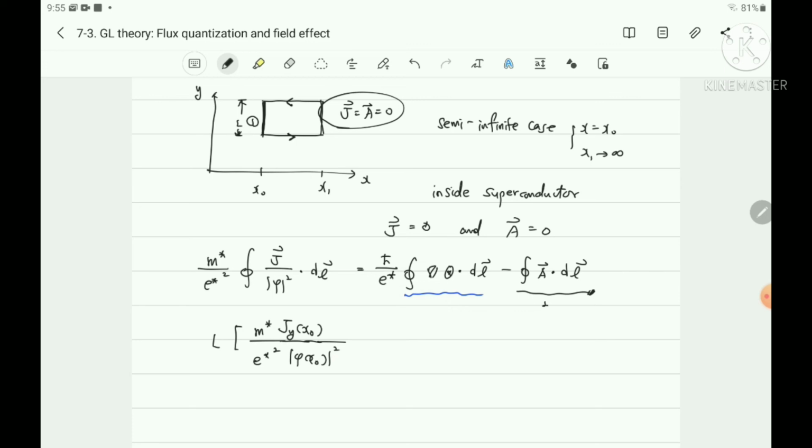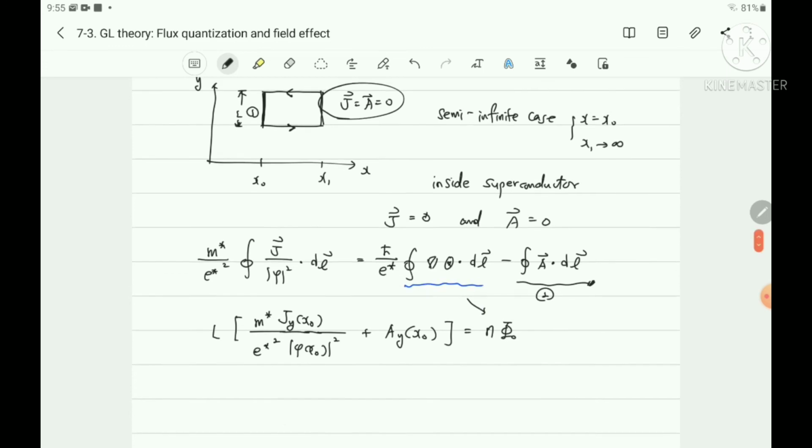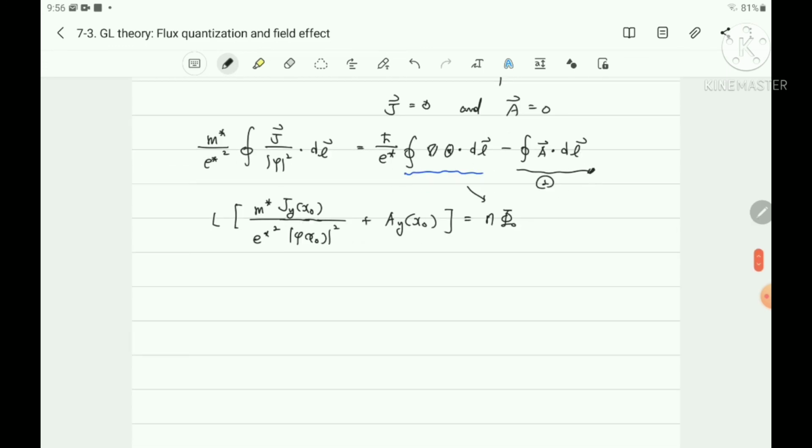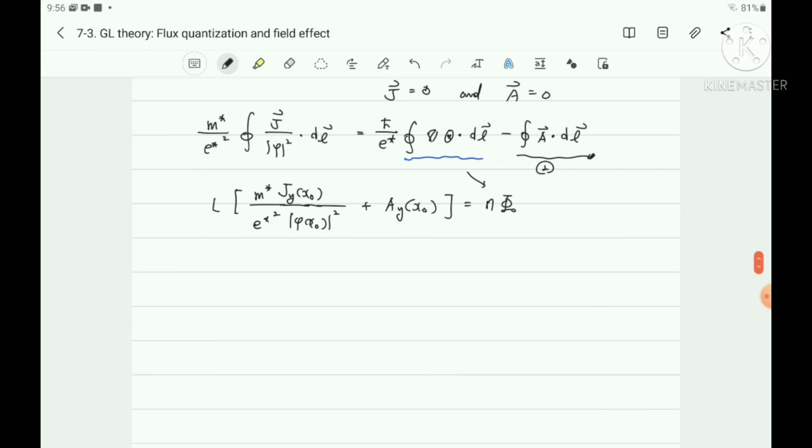And the second term is plus the y component, and at x0 it is n phi 0, and this one is the result of the magnetic flux quantization. Let's think about if n equals 0, and basically the gradient zeta dL equals 2 pi n, and because n equals 0 it is 0.